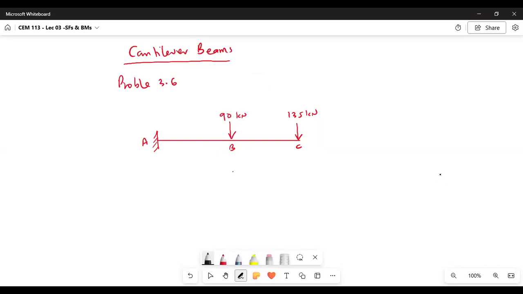So this is given. Okay, so let's look at the solution.